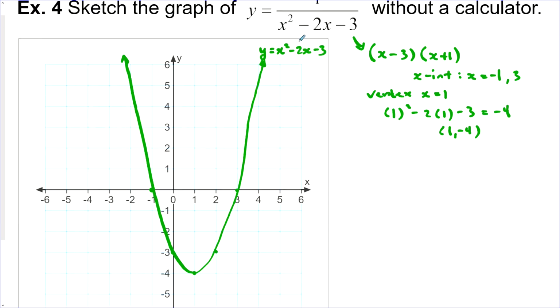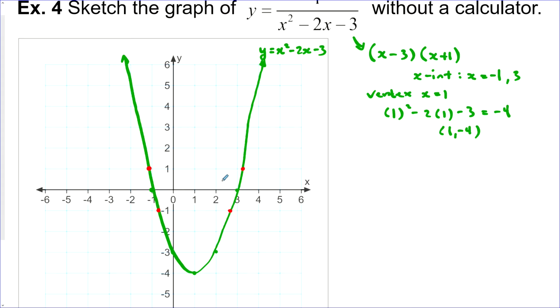Okay, that's not what we want to graph. We want to graph the reciprocal of that. So let's draw on our invariant points, where they happen whenever y equals 1. I follow y equals 1 across, and there's an invariant point. And in this case, there's another invariant point there. Let's do y equals negative 1, follow it along, and there's an invariant point, and there's an invariant point too.